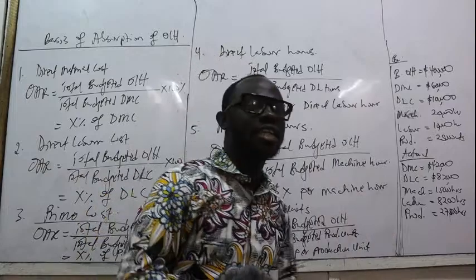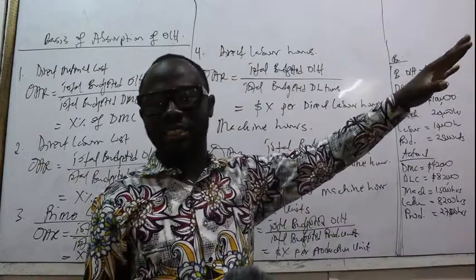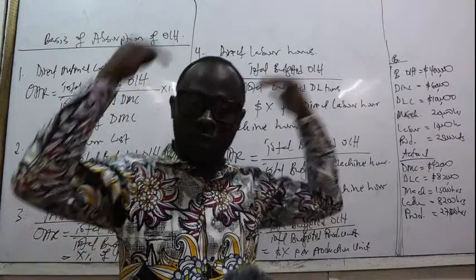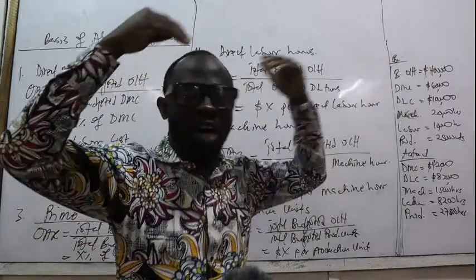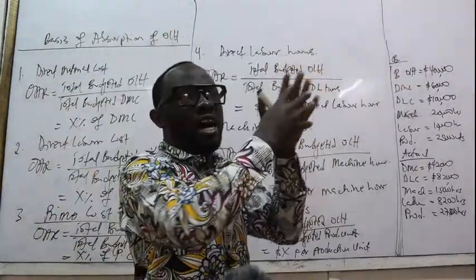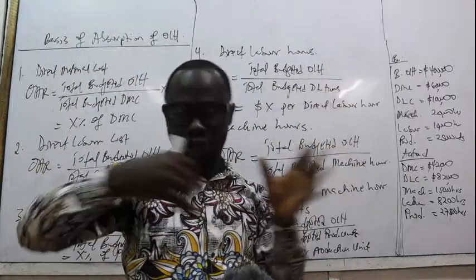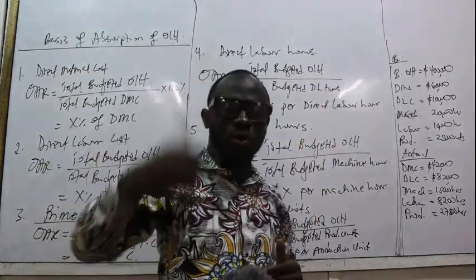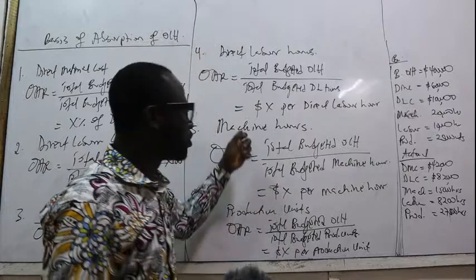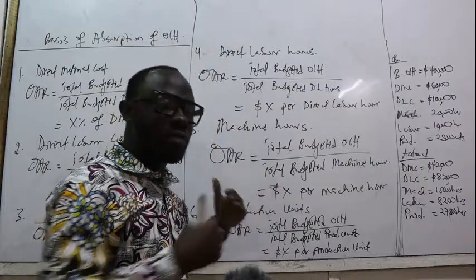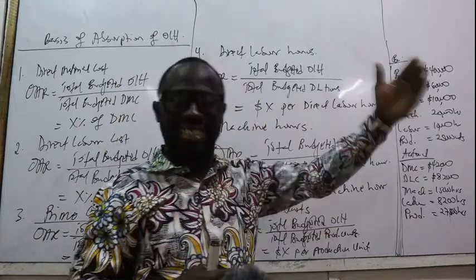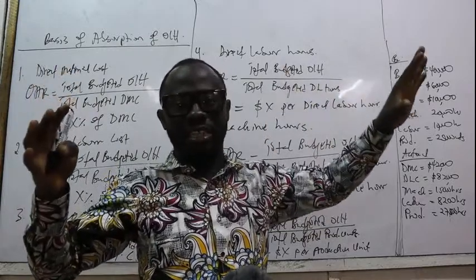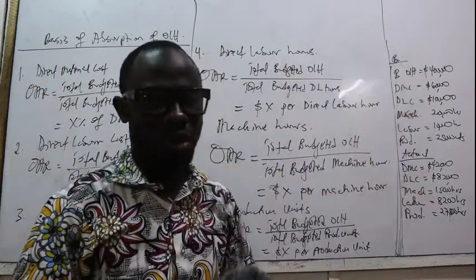Also, if the entity is capital intensive, meaning they use a lot of equipment, a lot of technology, a lot of machines rather than human effort, then they would want to absorb the overheads using what? The machine hours, because the machines will be more dominant in our production process.